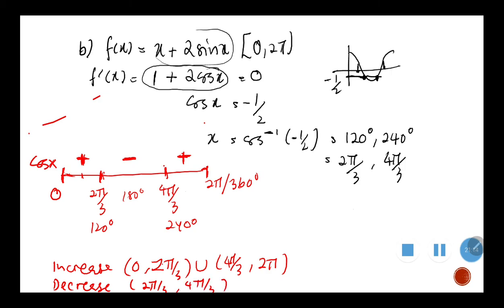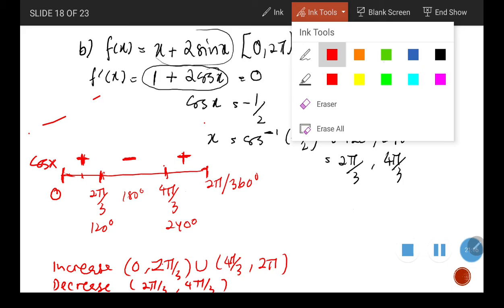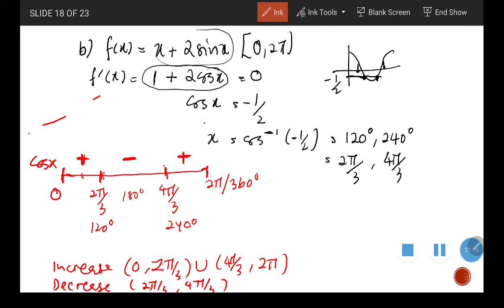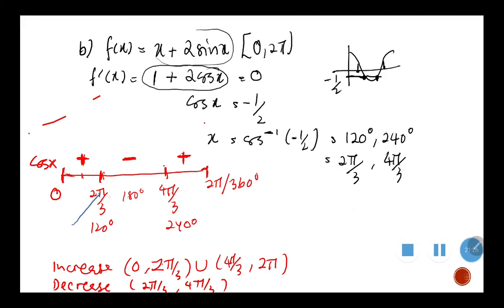And with this we may also determine the local maximum or local minimum. We can verify whether it matches the answer from the second derivative test. Positive means it goes up, negative it goes down, positive goes up again. 2 pi over 3 is our local maximum, 4 pi over 3 is our local minimum.